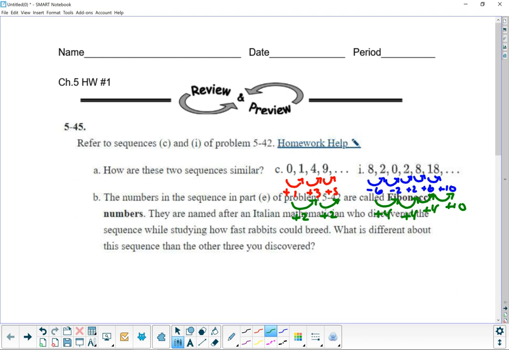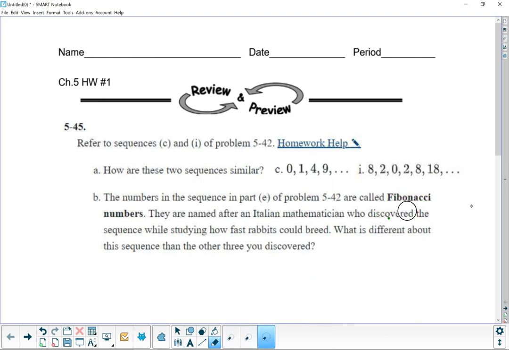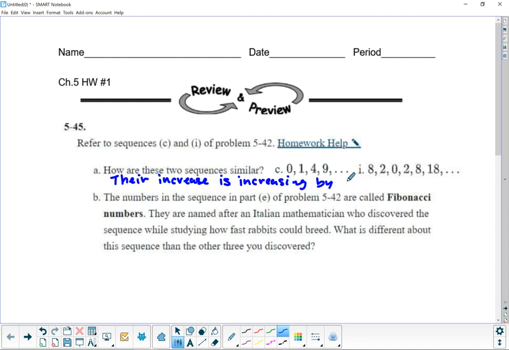So if I was to write this, I would write their increase is increasing by the same value.